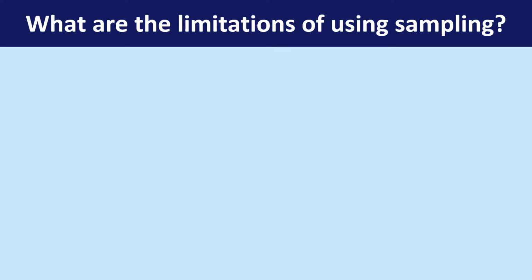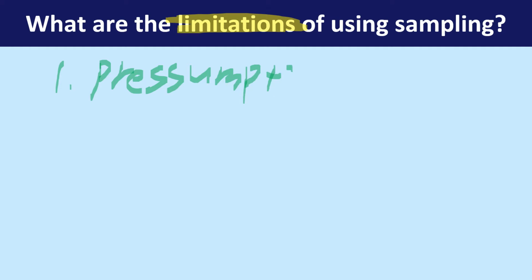Now let's think about limitations of using sampling. What I mean by that is why people are not always doing it. If you think about limitations, there are a few things. In order to generalize the pattern, we have to undergo presumption, the fancy way of saying we have to assume something.